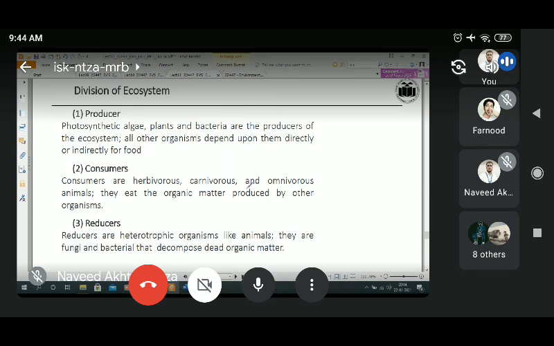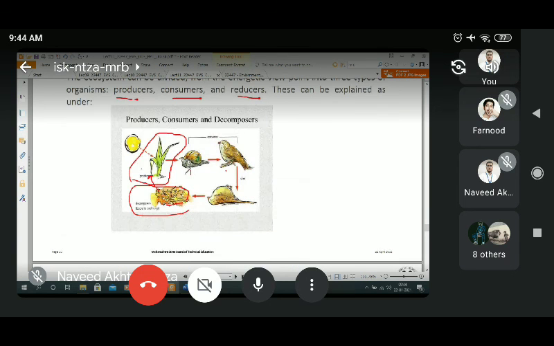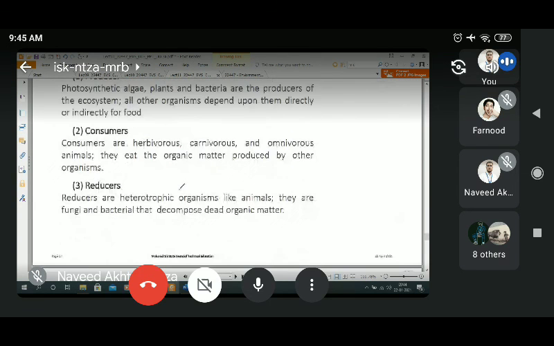Then consumers are herbivores. We have seen this cycle now, and how the divisions took place. Then reducers are heterotrophic organisms, the fungi and bacteria that decompose the dead organic matter. Generally, they finish every dead body or plant, and they are reducing.